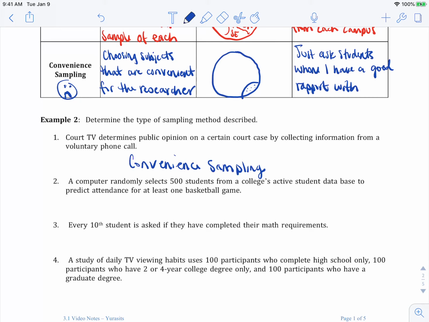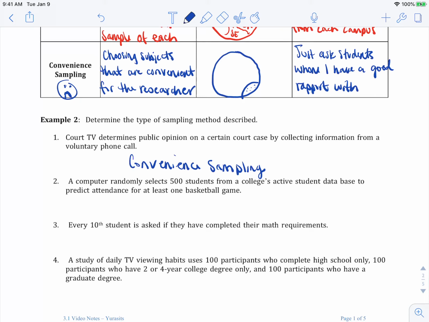2, a computer randomly selects 500 students from a college active student database to predict attendance for at least one basketball game. Okay, so don't get caught up in that 500 because I'm not saying every 500th student, right? I'm just picking 500 students randomly. There's no rhyme or reason how those 500 students are coming about.